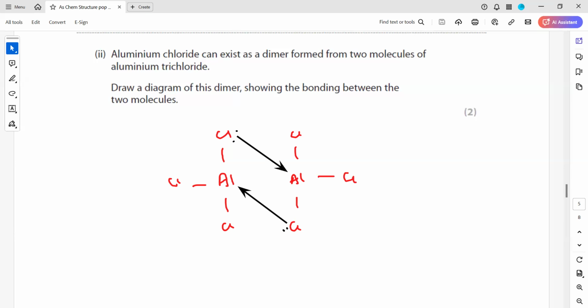You can also represent it with a dot and cross diagram. That's also fine. But when you draw a diagram of this dimer, you should show the bonding between the molecules. So to represent the bonding between the molecules, we have to draw the lines rather than dot and cross.